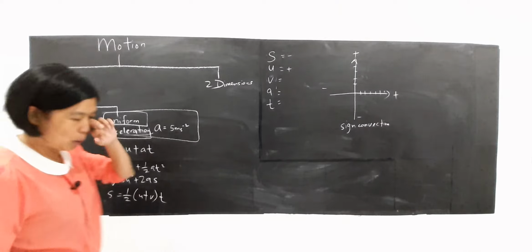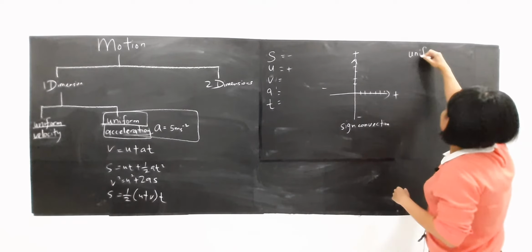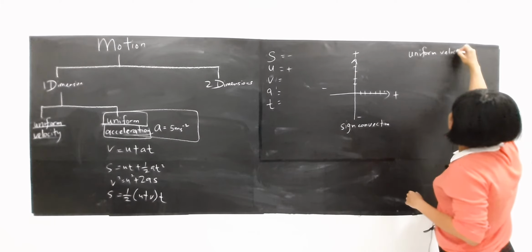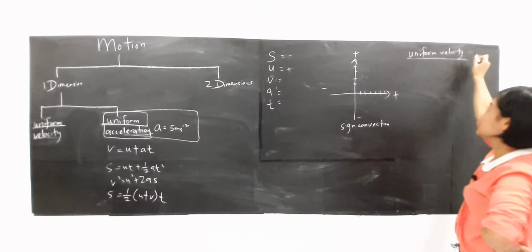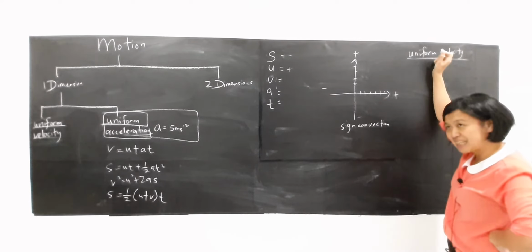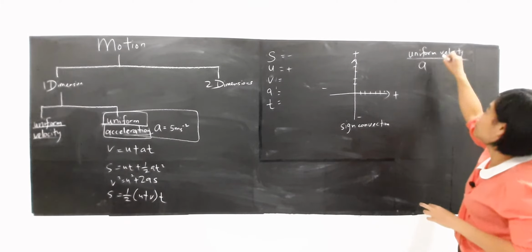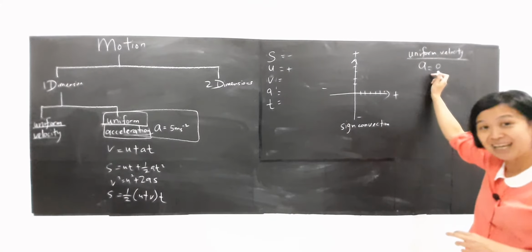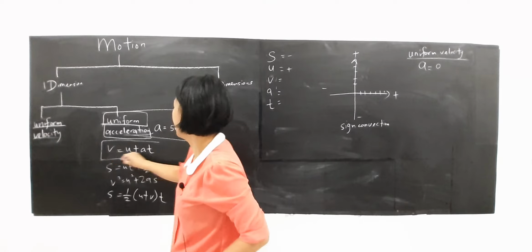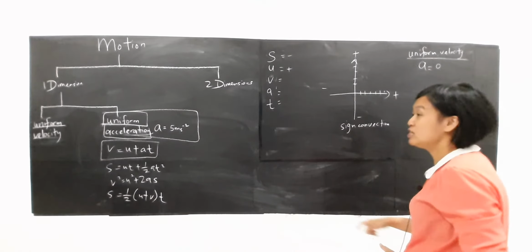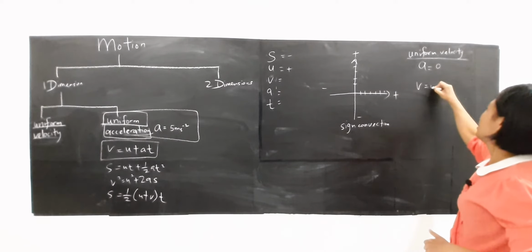I can tell you, if you find this keyword, the key point is that you must know that a for this case is always 0. Why? We look at the simplest equation.